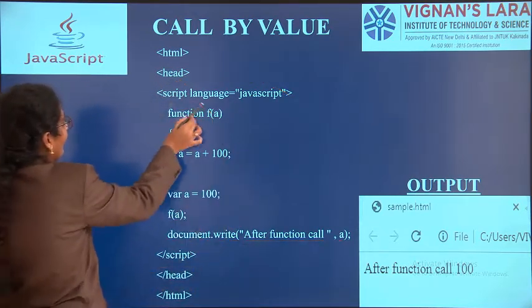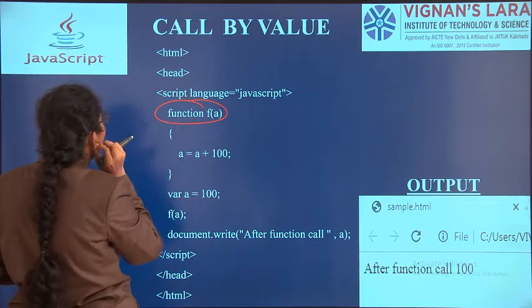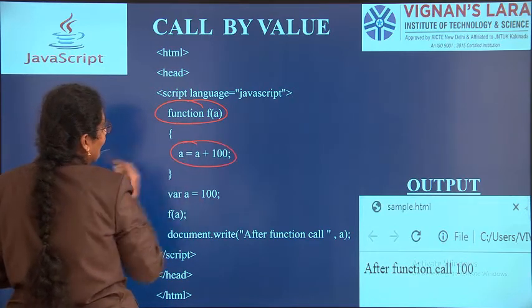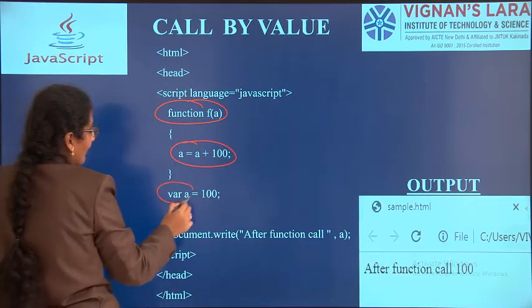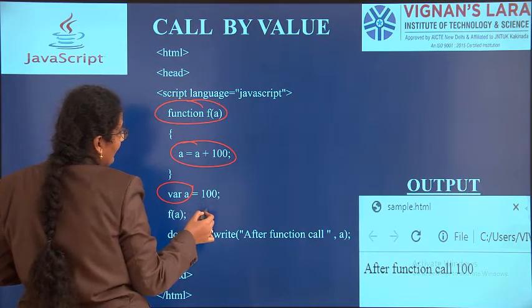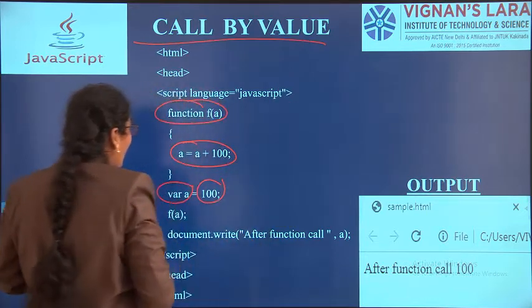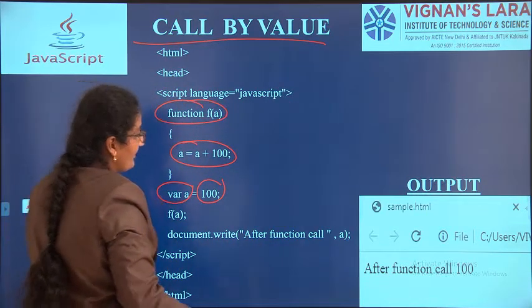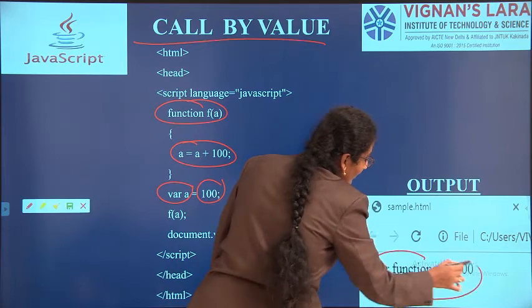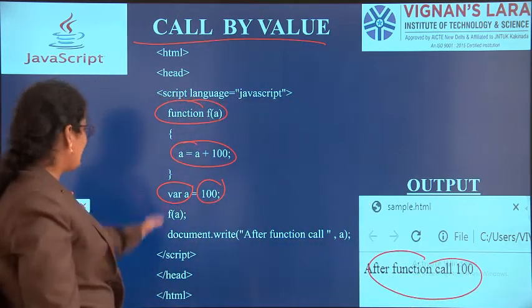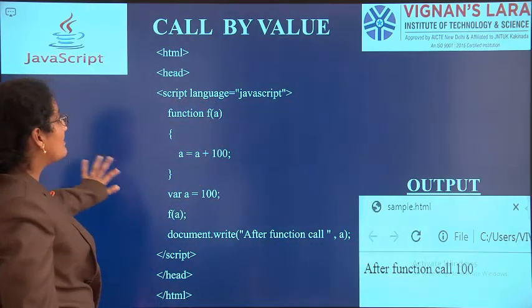What is the value of variable a? 100. After executing all these things, what will be the output? After the function call also, 100 only it will be there. So this is call by value for variables.